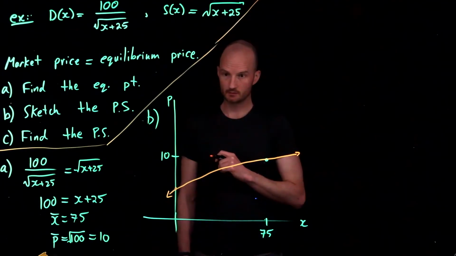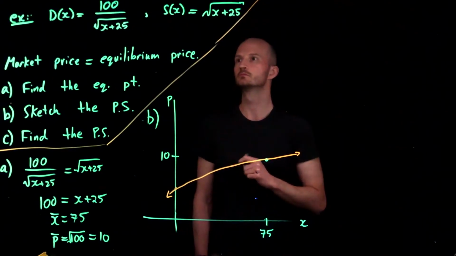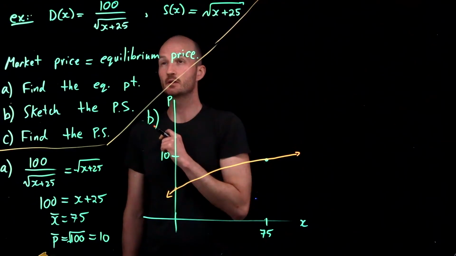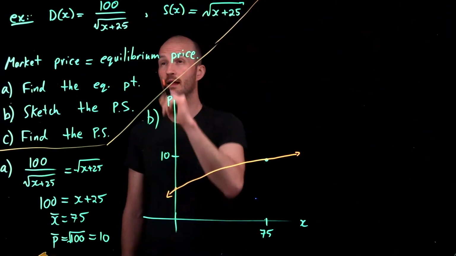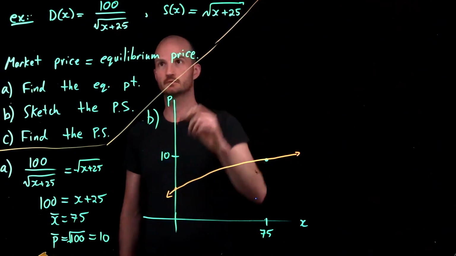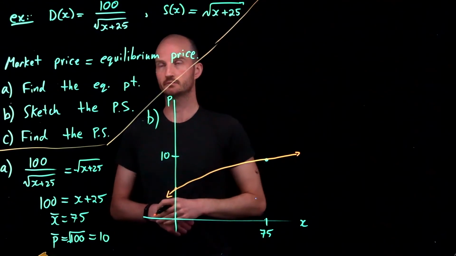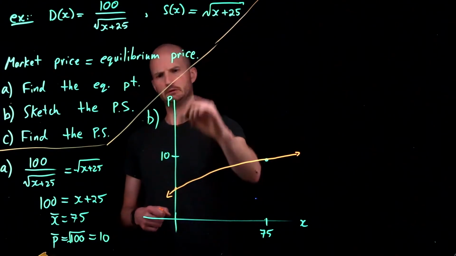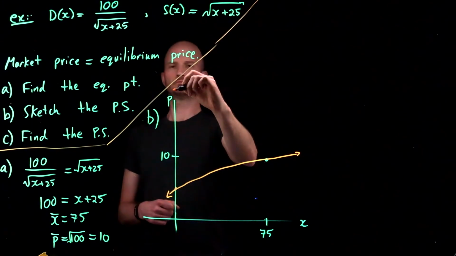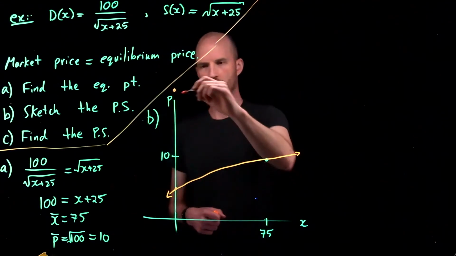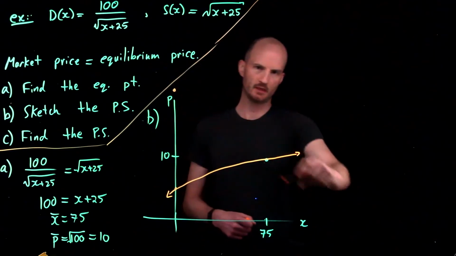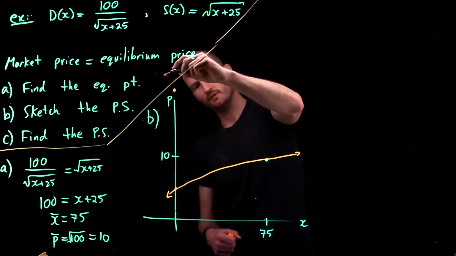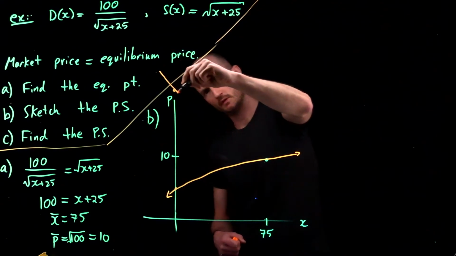And then for the demand curve, when x is 0, you get 100 over 5, which is 20. So it's going to go through this point. And what you have is a hyperbolic curve. So the curve should be facing up. Let's see how I can do here.